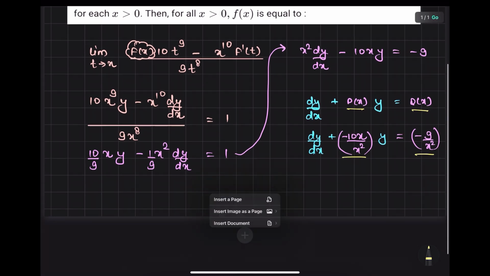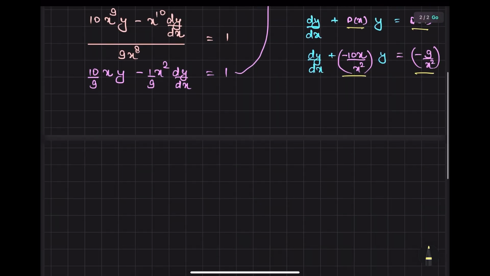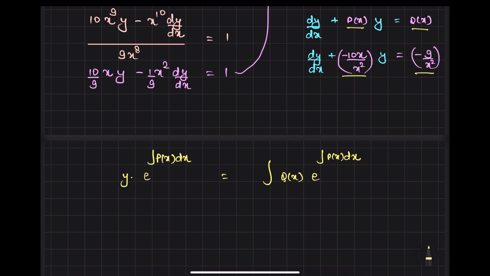So look at how I will be solving this question. I will write e power integration p x dx on both sides. Then here I'll write y, here I'll write q x, and then the whole integration. You have to solve this to get the required result. So we have y times e power integration p dx. So who is p?